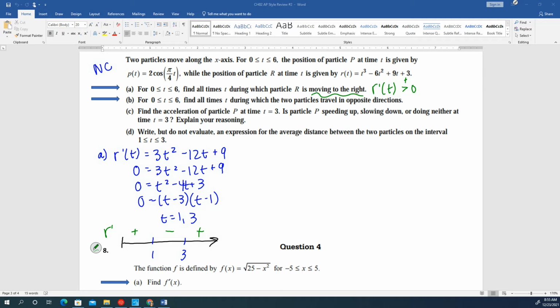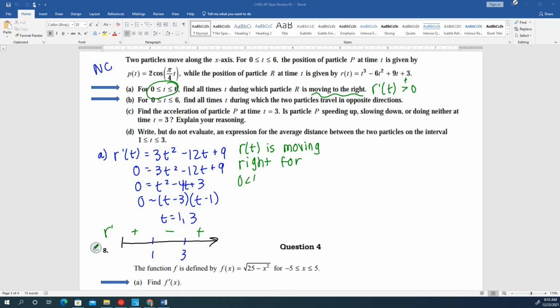Okay, so we know our particle is moving to the right anytime we have a positive velocity. So I would just say particle r is moving right for 2 time intervals. I'm going to list it in this notation since that's what they did.